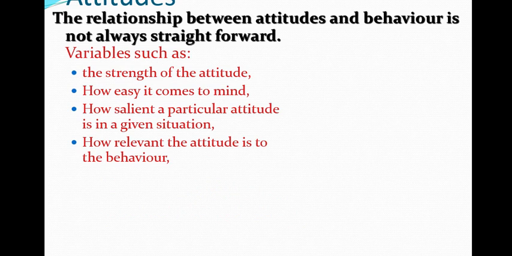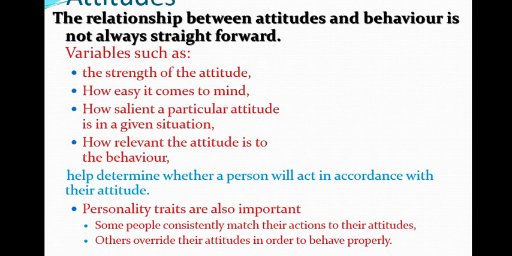Remember we said that attitudes are related to the strength, the accessibility, how easy it comes to the mind, how salient a particular attitude is in a given situation. Salient means how important it is to us, how specific and significant, and how relevant is this attitude to our behavior. And all this helps to make us behave almost constantly and predictably all the time.